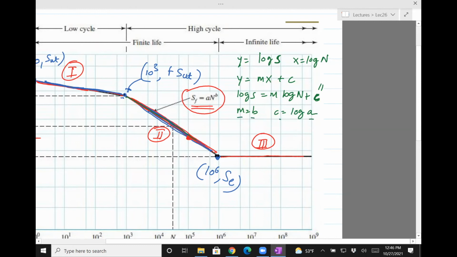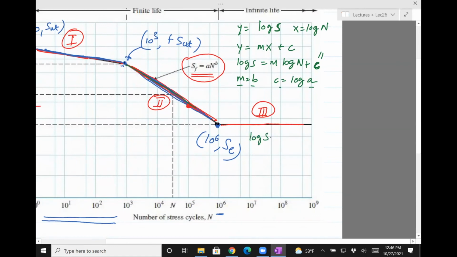So if you do that, you get log s equals log n raised to m, but m is b, and then c is log a, right? Now there's a rule in logarithm which is you have log a plus log b is log a times b. That's the rule. So I'm just going to combine them.